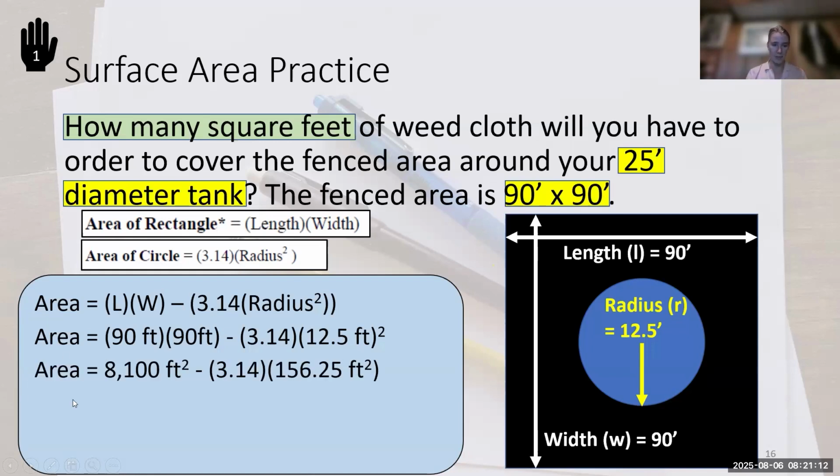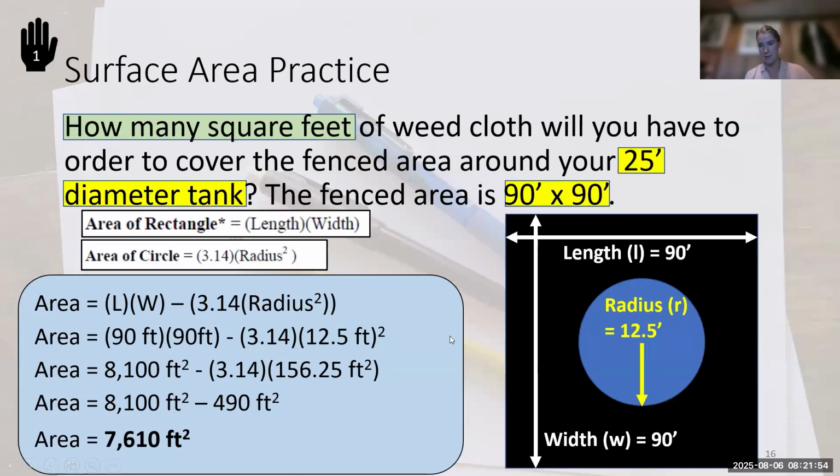If we work that out piece by piece, 90 feet times 90 feet gives us 8,100 feet squared, minus pi, which is 3.14, times 156.25 feet squared. 12.5 squared is 156.25, and then feet squared is just feet squared. We subtract that cut out of our tank from the area of 8,100 feet squared. And that leaves us with a final answer of 7,610 feet squared. So that's going to be our answer for that one.